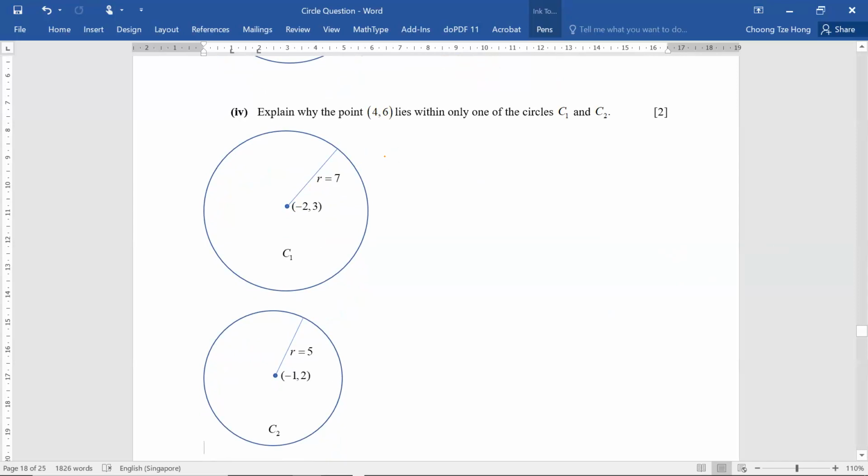Let's do C1 first. Based on part 1 of the question, it has center at (-2, 3) and the radius is 7.